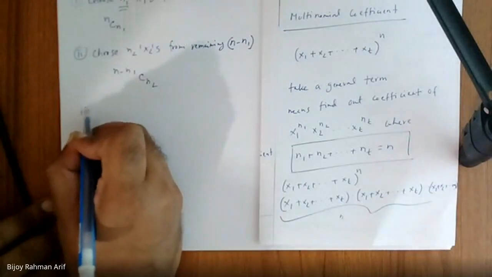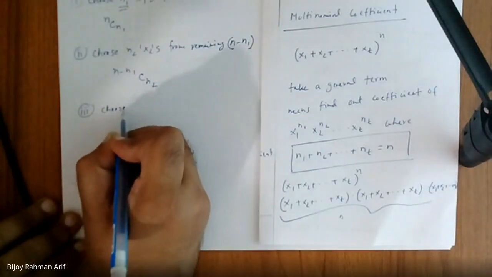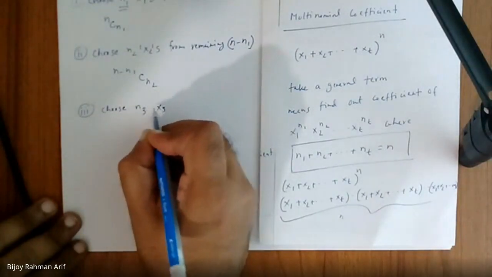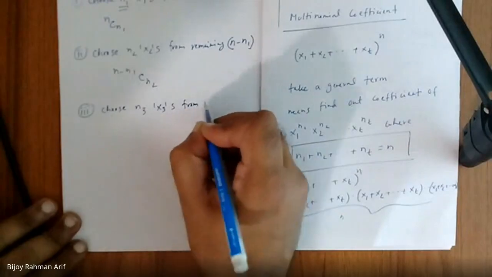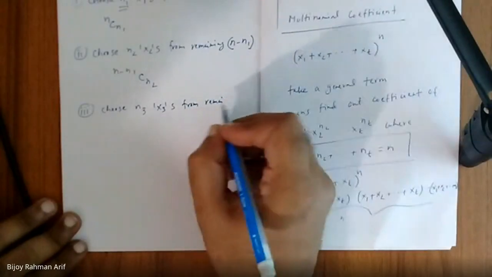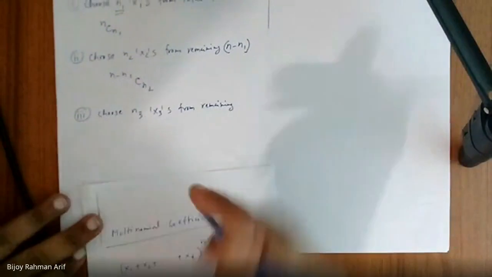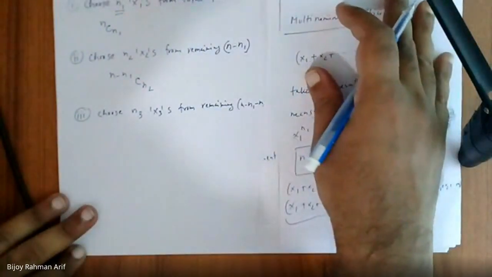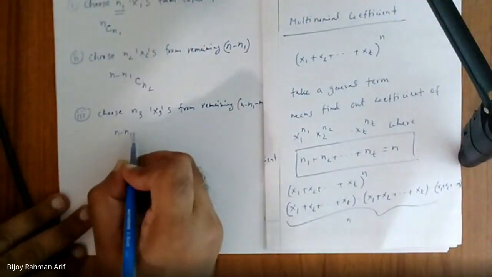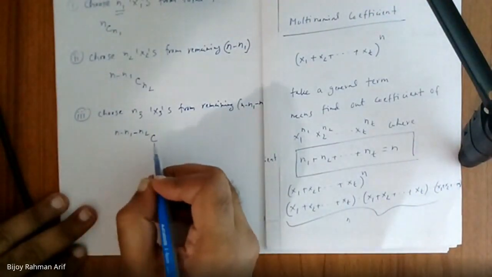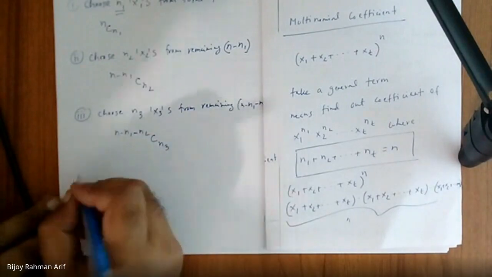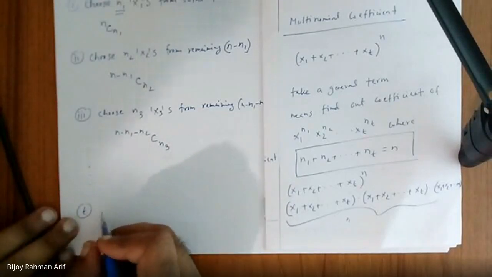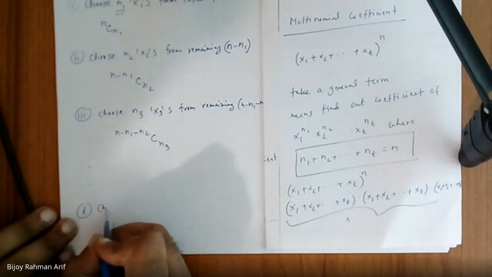Now let's go to 3. Choose N3 X3s from the remaining N minus N1 minus N2. What is the answer? N minus N1 minus N2 C N3. So this way we continue until we get T. What is T?